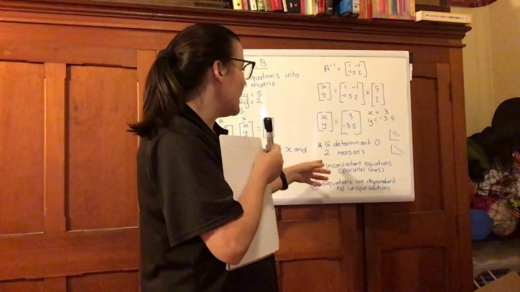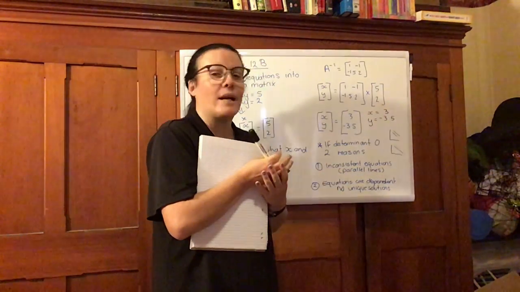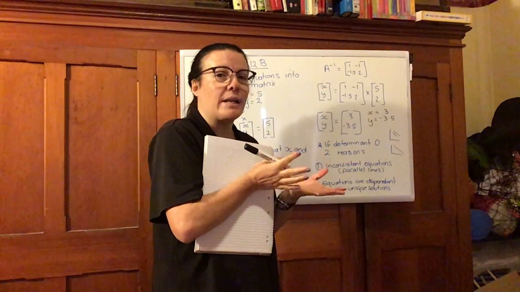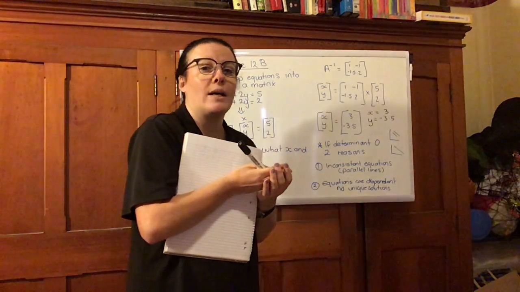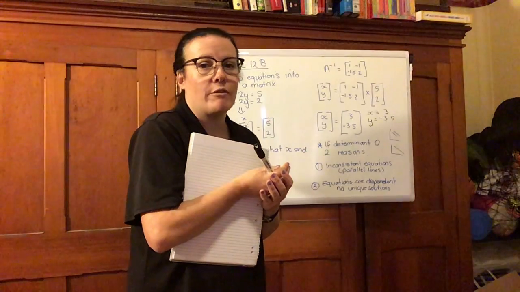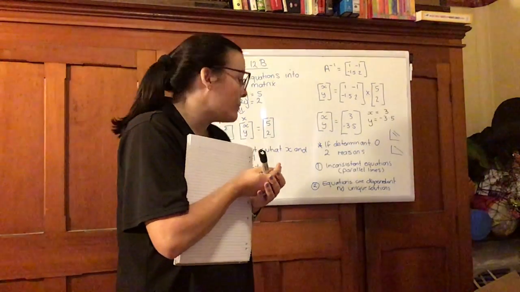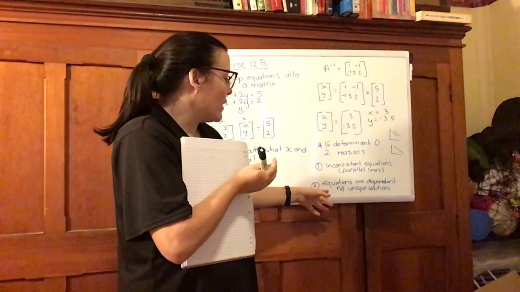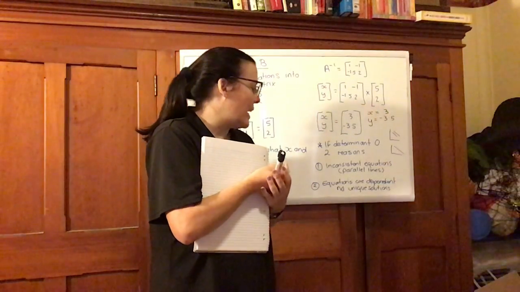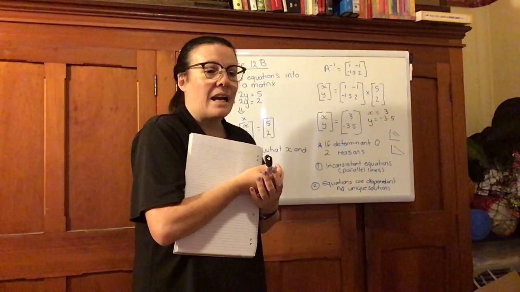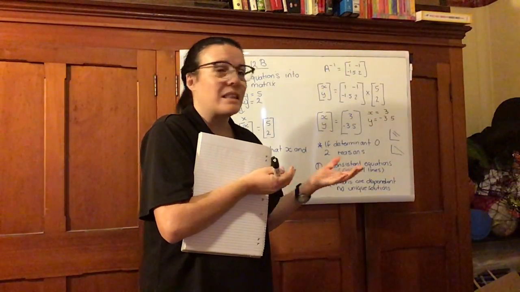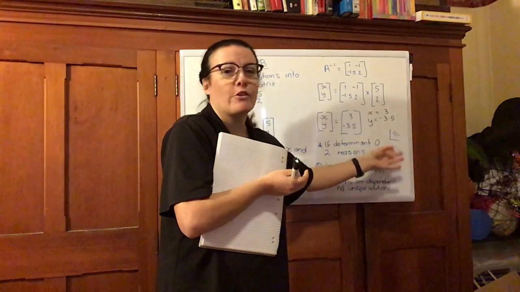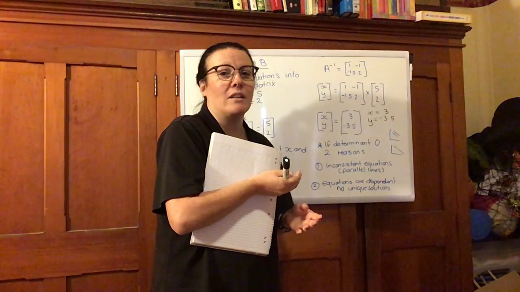And we call these inconsistent equations. That's the proper name for them. They are inconsistent equations, or more commonly referred to as parallel lines. The second reason is the equations are dependent. And this just means the equation is for exactly the same line.